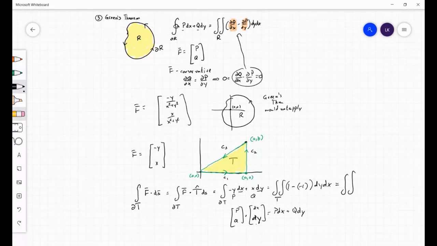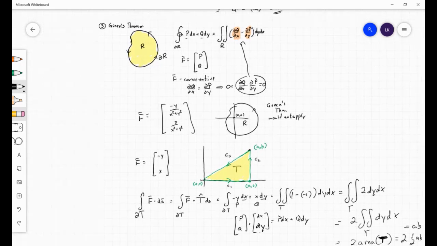And so really we don't have to do anything here because this is just a constant times the differential area element. So this should be 2 times this integral over the triangle of the differential area element, which just gives us the area of that triangle. So this should be 2 times 1/2 base times height, so a times b.